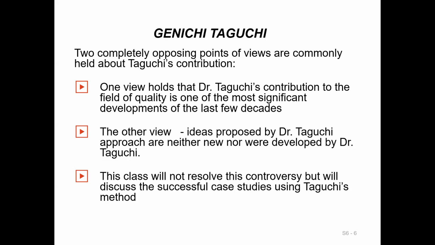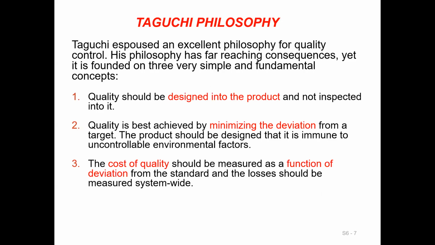Therefore, some scholars argue that the idea proposed by Taguchi is nothing new. It's not developed by Taguchi, but we don't want to argue this in this module. In this module, we purely try to apply the philosophy proposed by Taguchi in statistical quality control. Okay, the history part of Taguchi, I let you go through on your own.